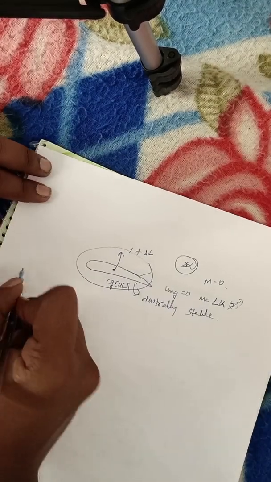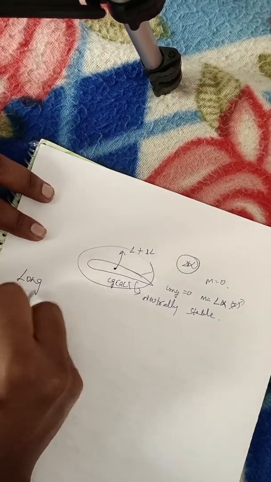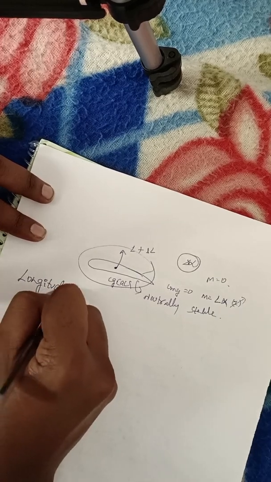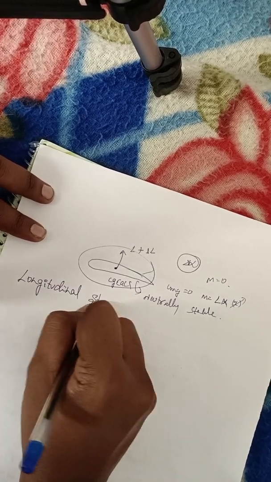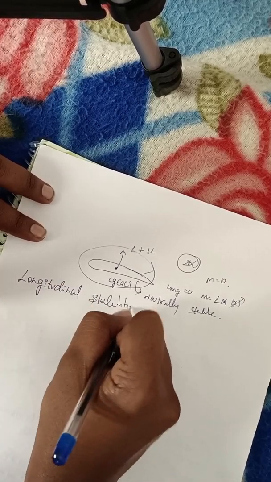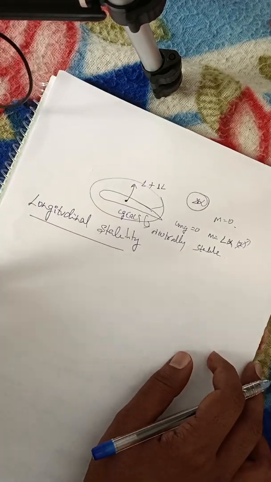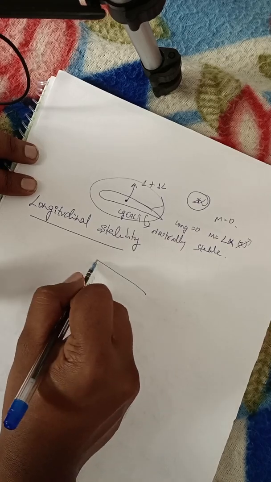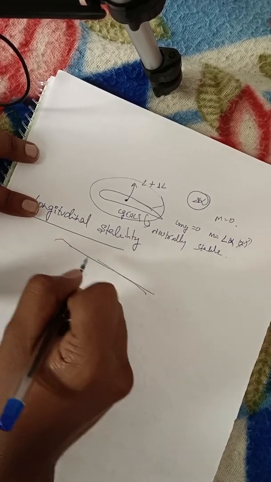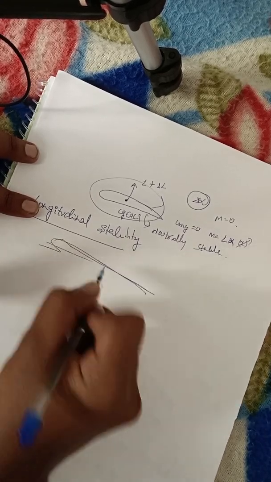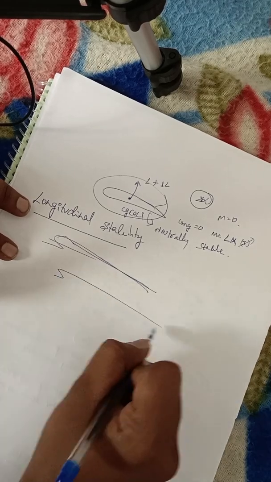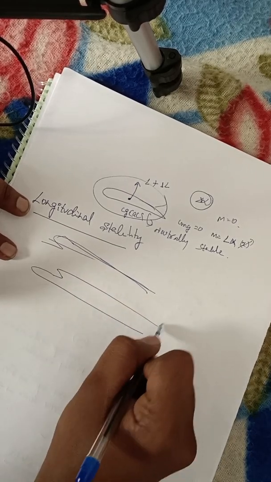Now we are going to solve the derivation for longitudinal static stability. What is this longitudinal static stability? First of all, a disturbance might be on any axis. Consider an airplane like this.